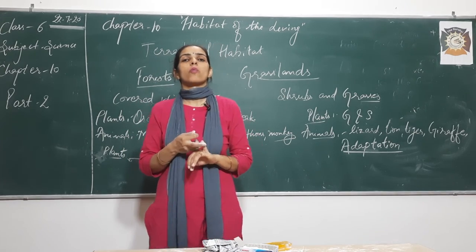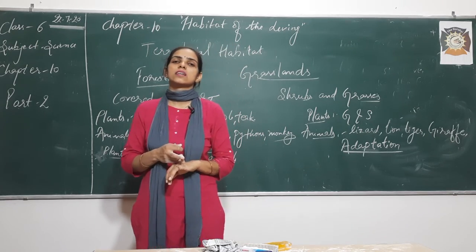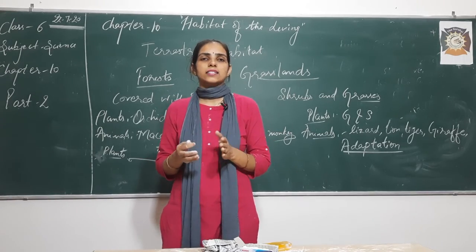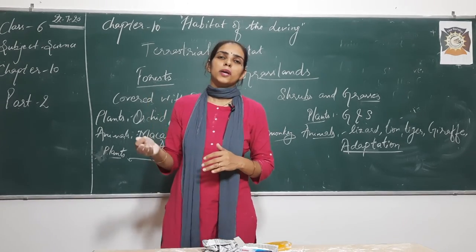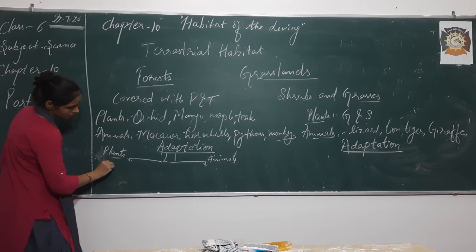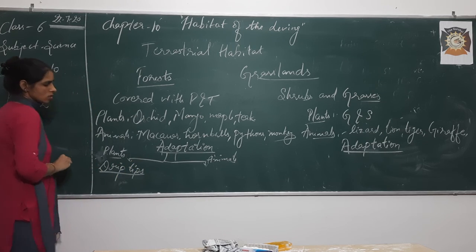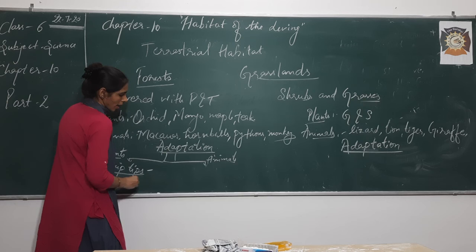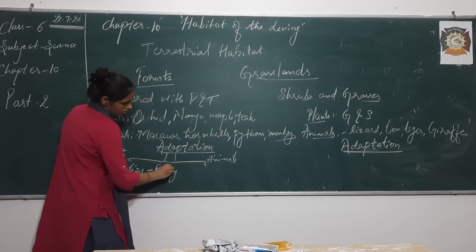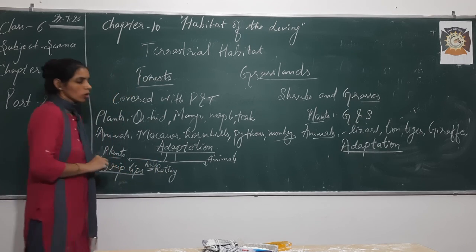So the very first thing, these plants have drip tips, which avoid the plant from rotting.